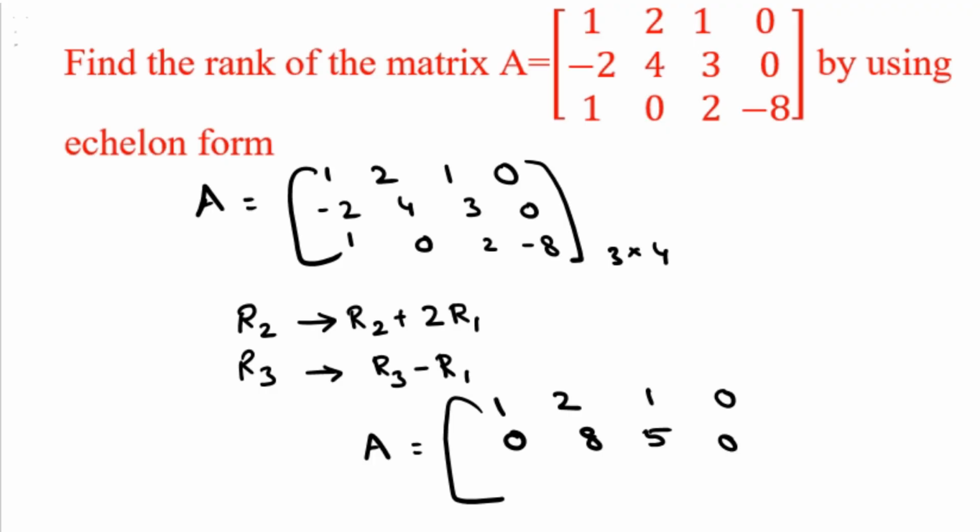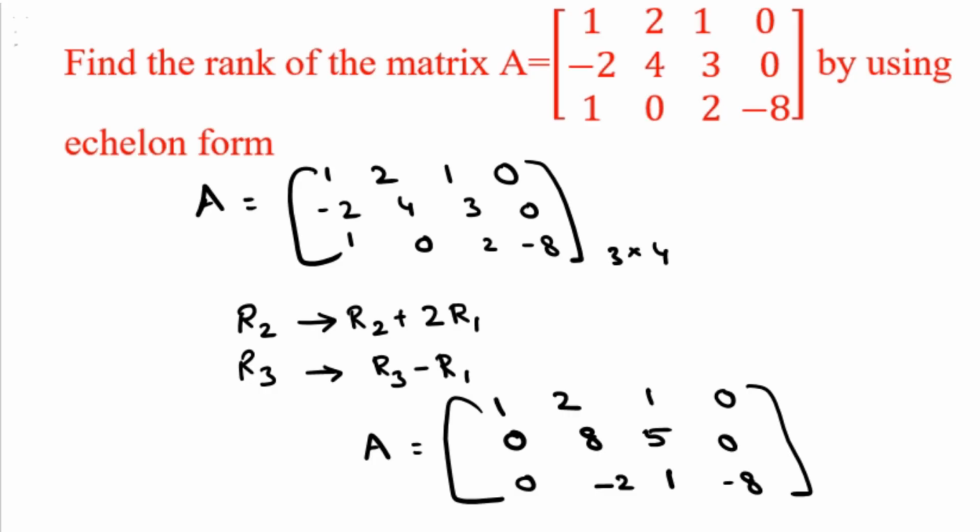Now for R3 implies R3 minus R1, this value is 0, minus 2, 1 and minus 8. This is the matrix.